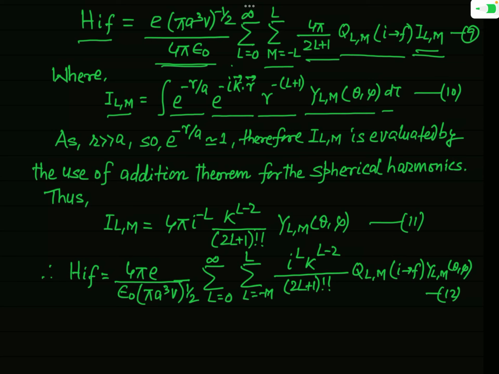Now, as the electron is ejected from the nucleus, this r, which is actually the position vector of the electron, will be much greater than a, because a is related to the Bohr orbit. And if r is much greater than a, then e to the power minus r by a will be almost equal to 1.